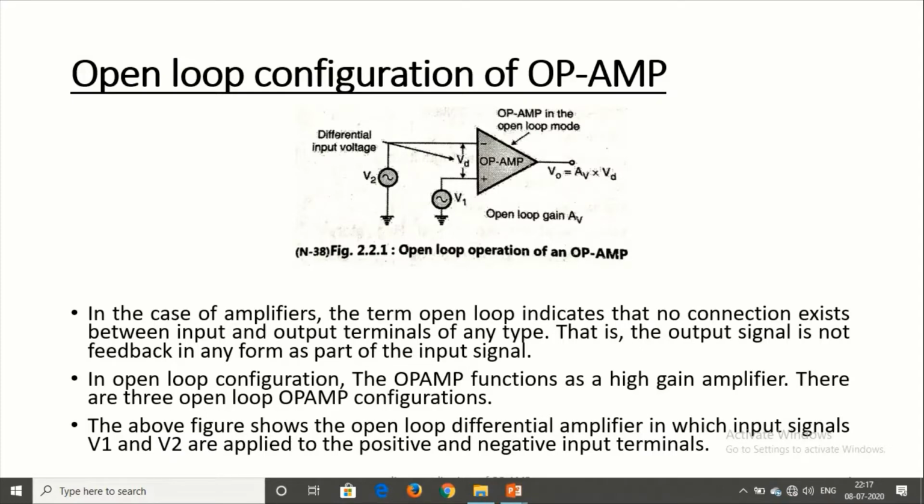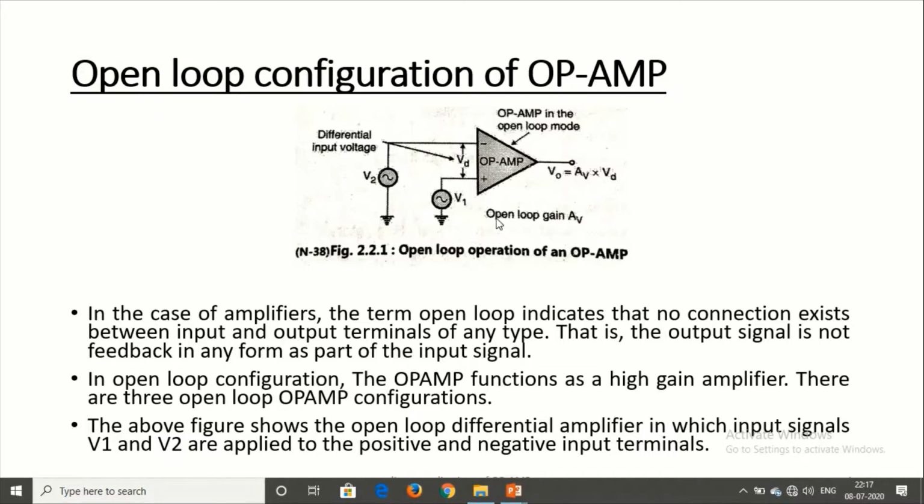The figure shows the connection of op-amp in the open loop mode. Open loop means the output is not connected to the input side, so it is called an open loop. The input signals V1 and V2 are applied to the non-inverting and inverting terminals respectively.